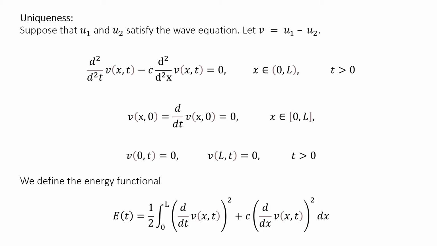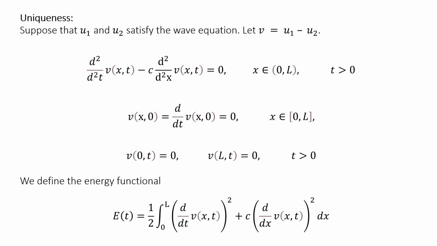So let's define v as the difference of u1 and u2. It is easily seen that v itself satisfies a homogeneous wave equation. Specifically, the second time derivative of v at x,t minus c times the second spatial derivative of v equals 0 for all values of x between 0 and L and for all positive times t.